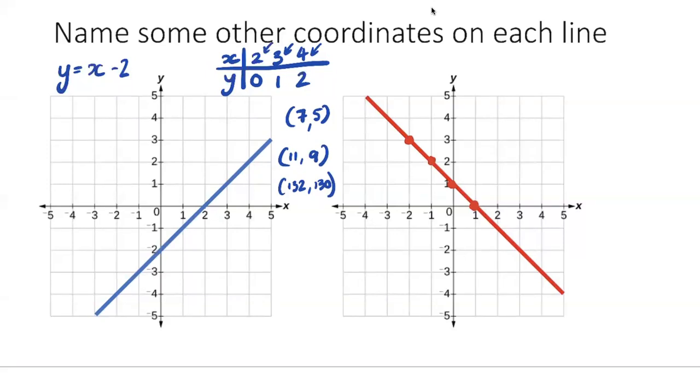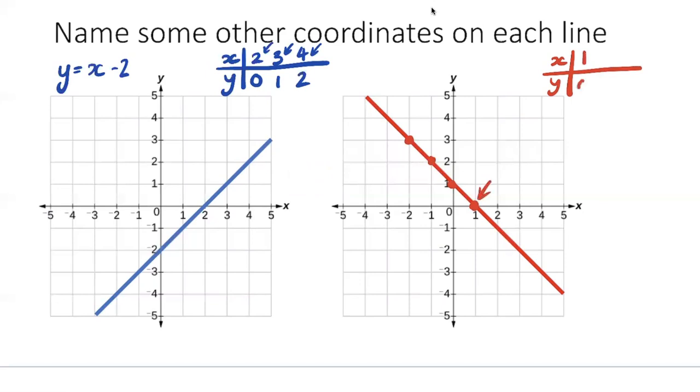Okay, now let's look at this red line here. And for the red line, we're going to again draw a little table to help us out. Don't feel you have to draw it, but it does help, I think. Let's go for this first one here. We've got x is 1 and y is 0. Here, we've got x is 0 and y is 1.